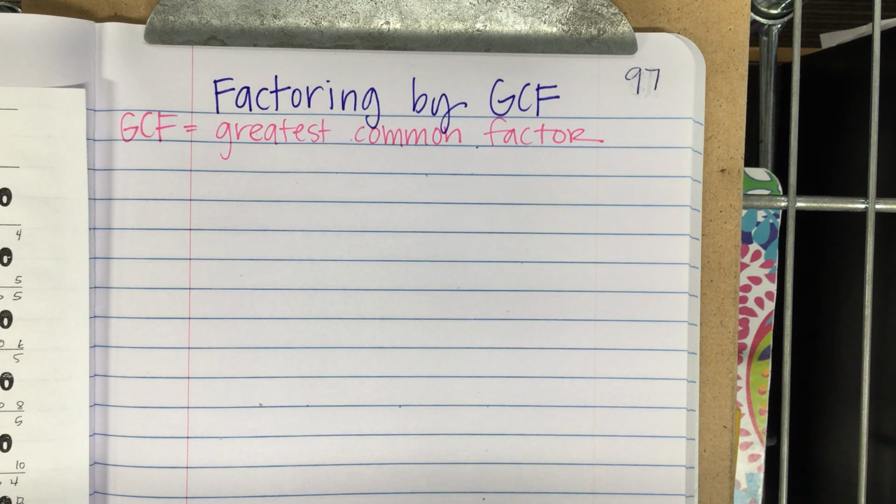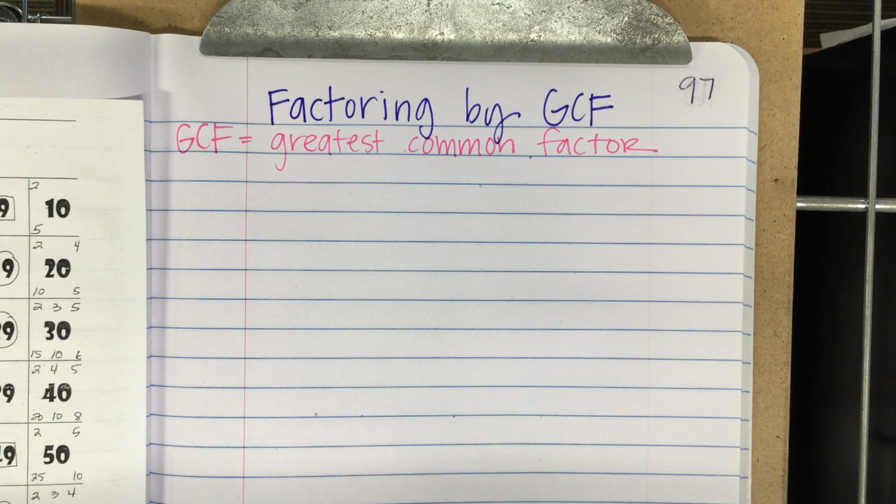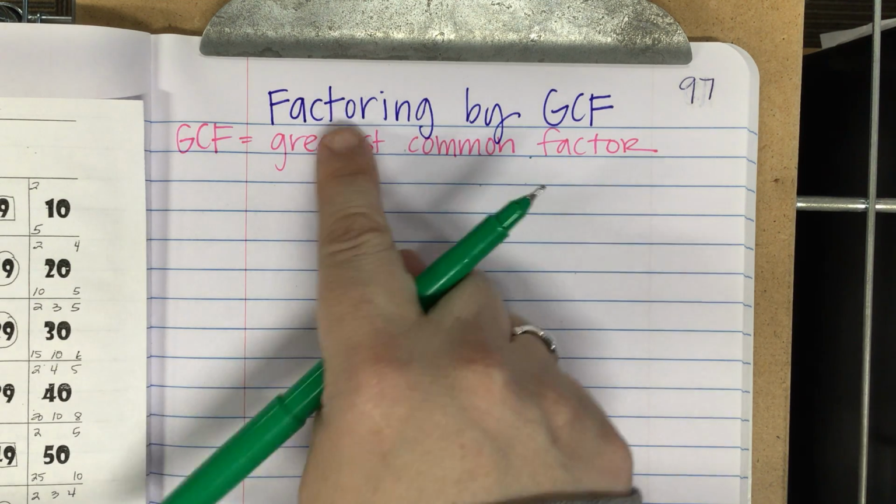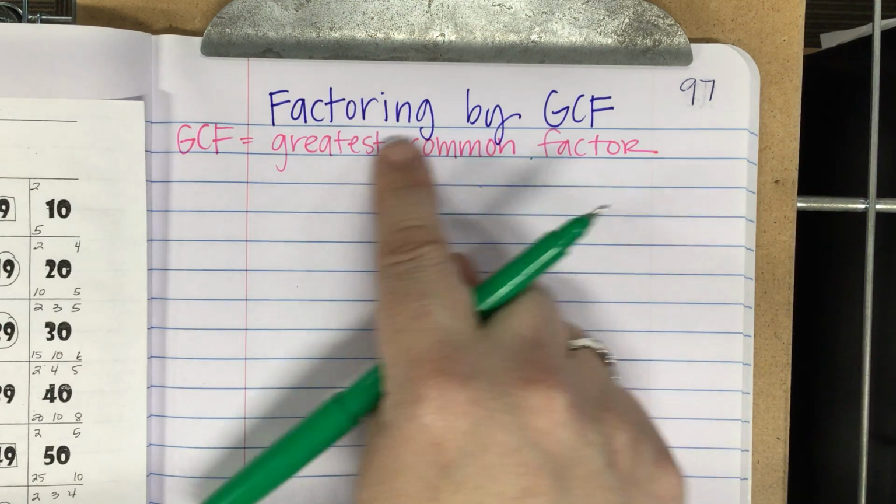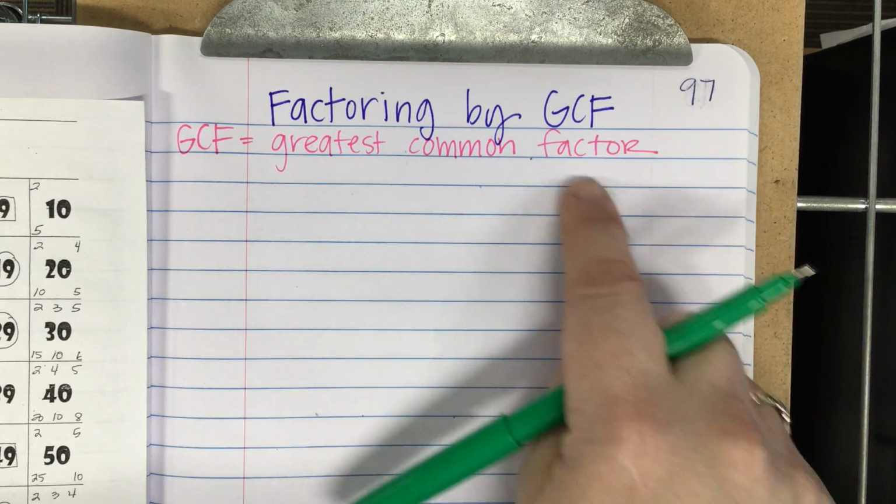So we're looking to see in this polynomial, in this multi-termed problem, what can all pieces, what's the largest number that they share that they can be divided by?